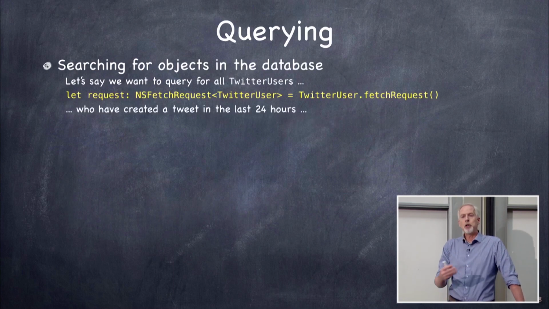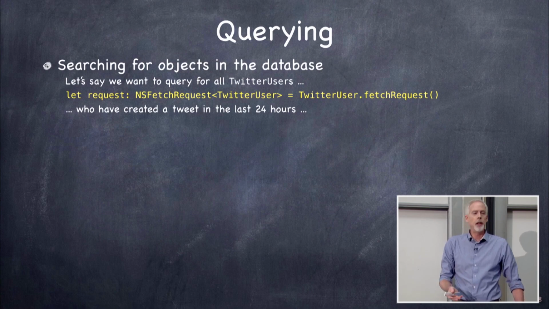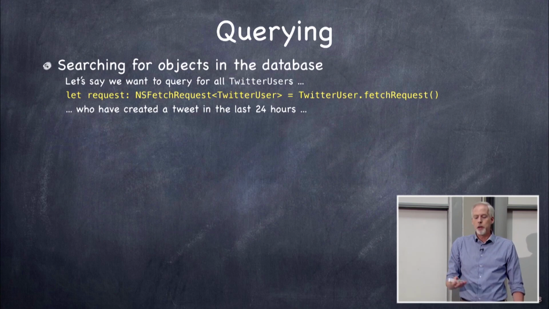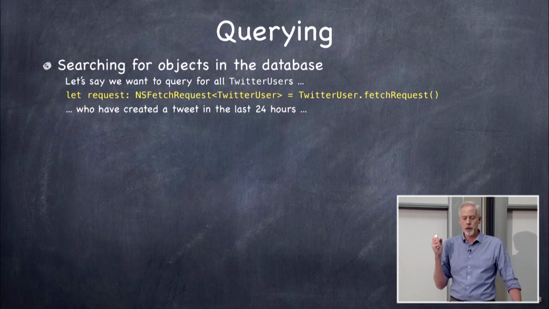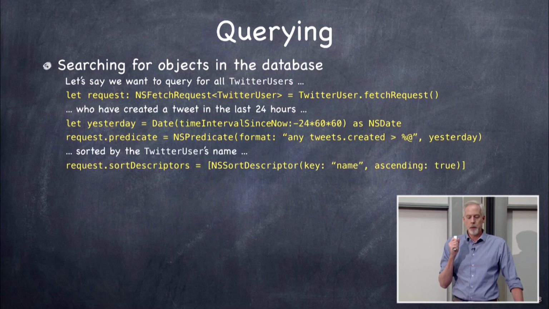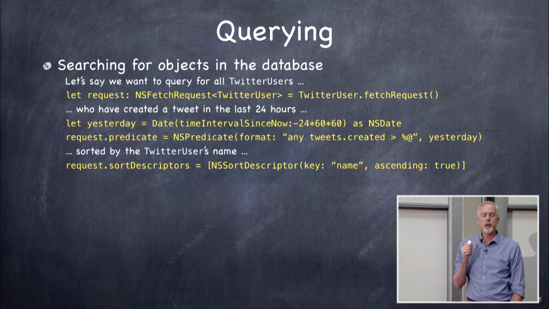Okay? Now, how about searching for objects, tweets and Twitter users in there? So here I'm going to search for some Twitter users that have tweeted in the last 24 hours. So first, I asked the Twitter user class for a fetch request. You see the first line there where I'm saying Twitter user.fetch request. Then this fetch request, I set a predicate on it, see, NS predicate format.